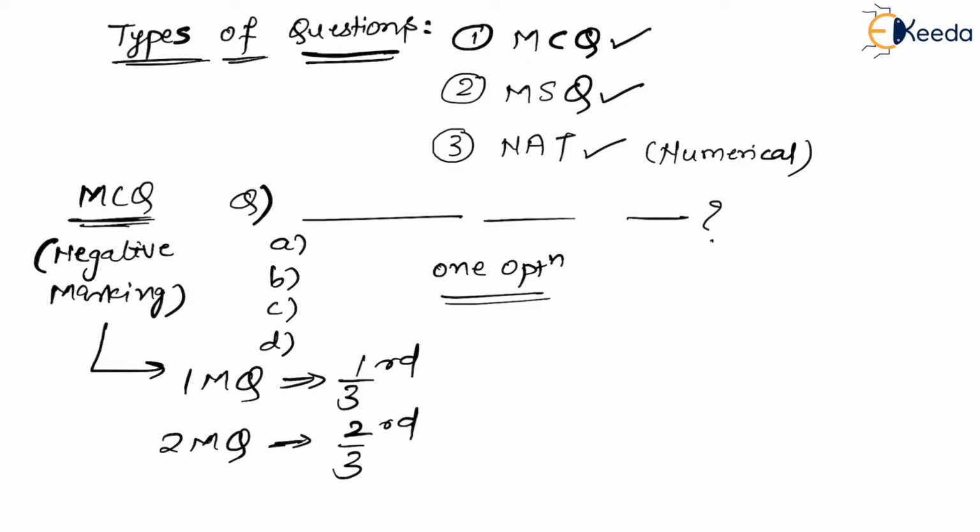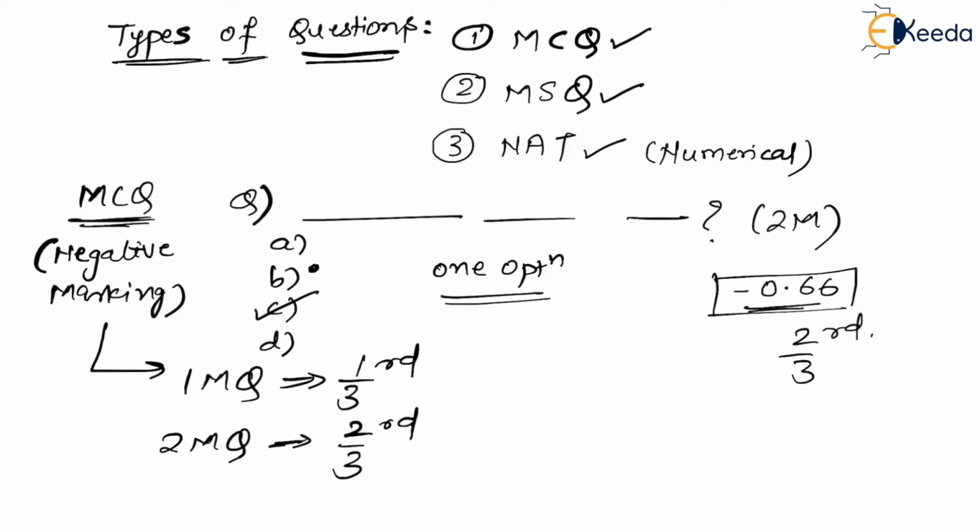Meaning that, for example, if the answer is option C, and you clicked on option B, then if it is a 2 mark question, minus 0.66 marks are going to be deducted. In the sense, 2/3 of the marks are going to be deducted. Similarly, if this question is 1 mark rather than 2 marks, then minus 0.33 negative marking is going to be there, which means 1/3 negative marking. This is the idea regarding it.